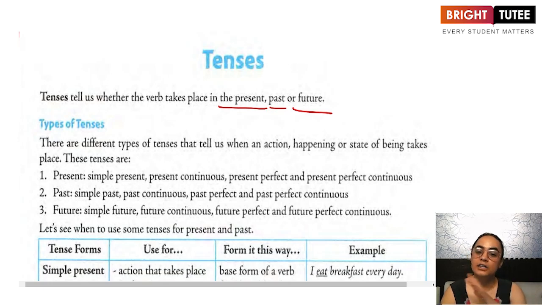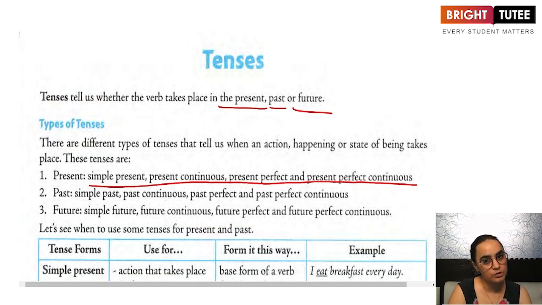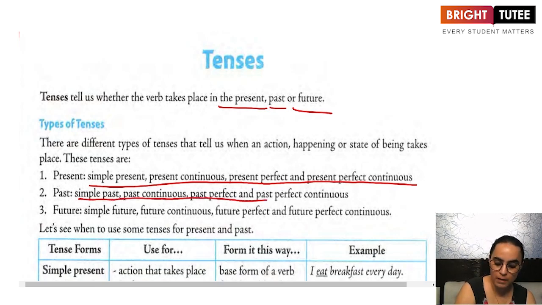Now there are different types of tenses on the basis of when the action took place. If we are talking about the present, we have the simple present, present continuous, present perfect and the present perfect continuous. If we talk about the past, we have simple past, past continuous, past perfect and past perfect continuous.